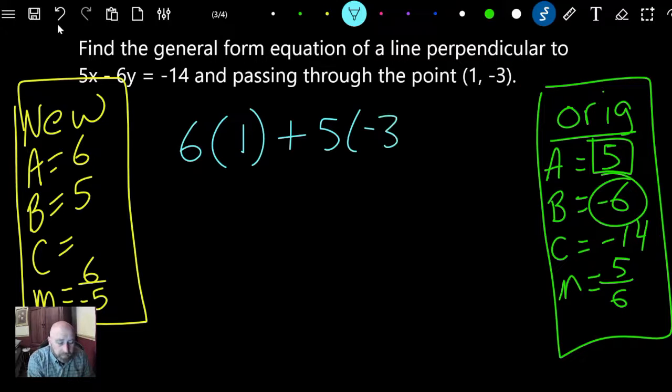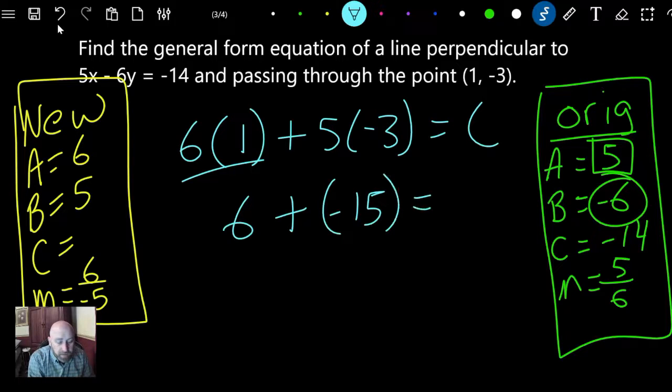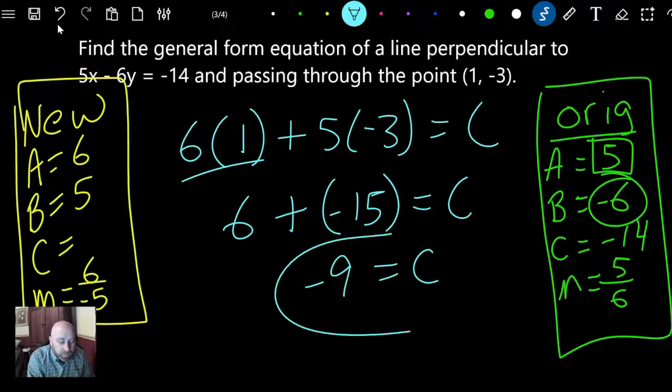That's our Y. And then that equals C. So that's what we're trying to figure out. Do this right here, and we get 6 plus -15 equals C. What is 6 plus -15? That would be -9 equals C. So now we found out that our C is -9.